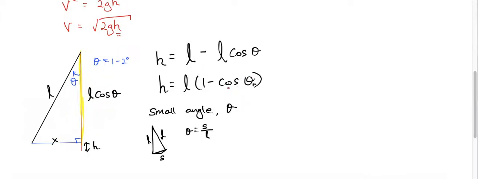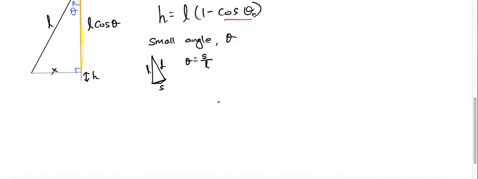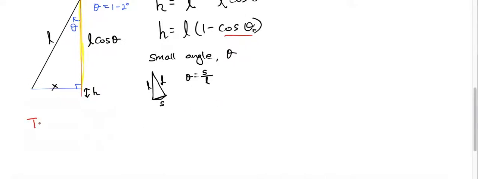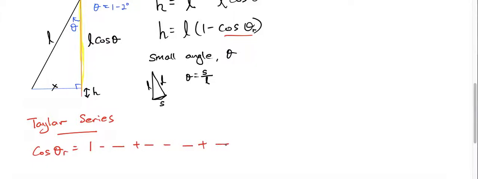In calculus, we learn about the Taylor series expansion for cosine, where cos theta in radians is equal to, it's an even number series, 1 minus plus minus plus, you fill in the blank over something.